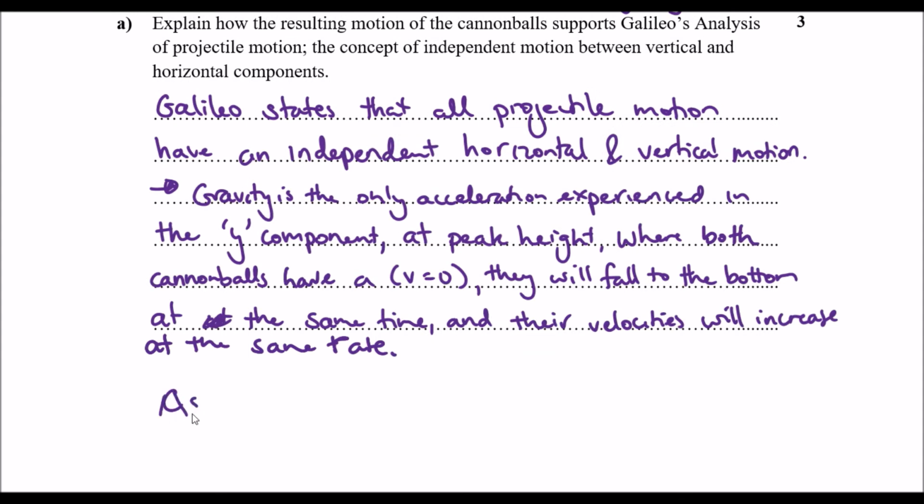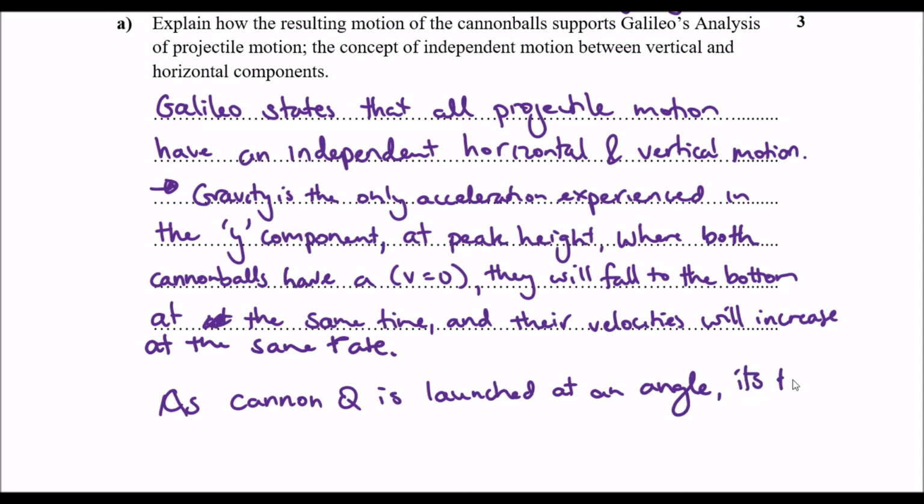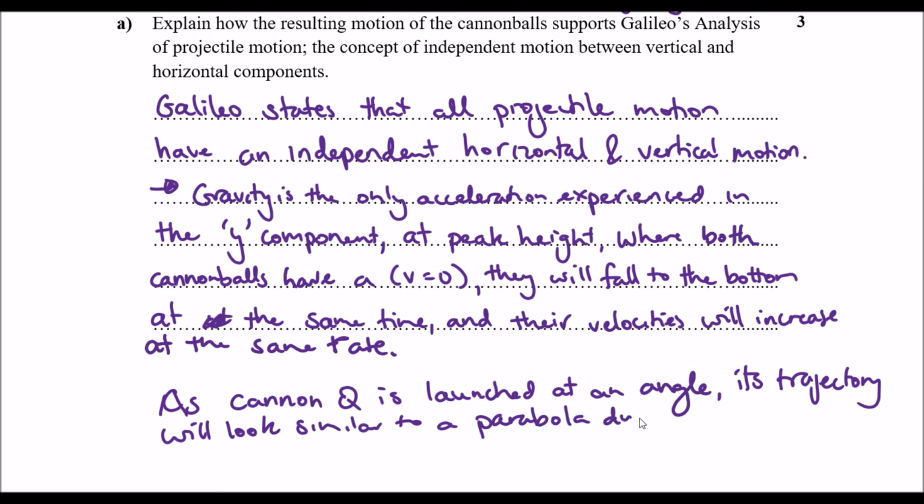So as cannonball Q is launched at an angle, its trajectory will look similar to a parabola due to Galileo's analysis of the independent motions.